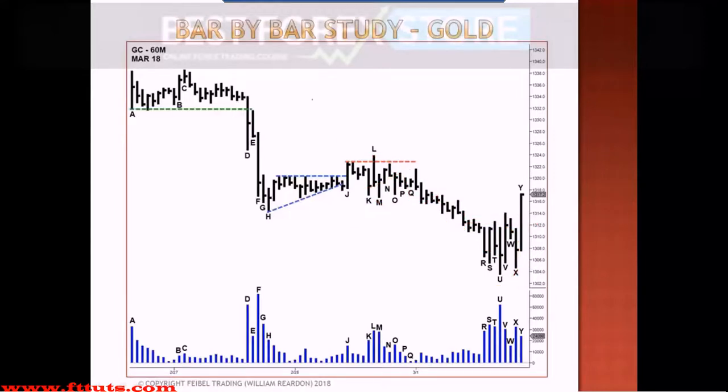But it became messy drawing all the structure in, so I wanted to keep it clean. So when we add structure, we can see we get a good break of support here. Then as we break, what should happen to support? It should turn into resistance. Bang. E respects resistance perfectly. Now bar E makes much more sense.